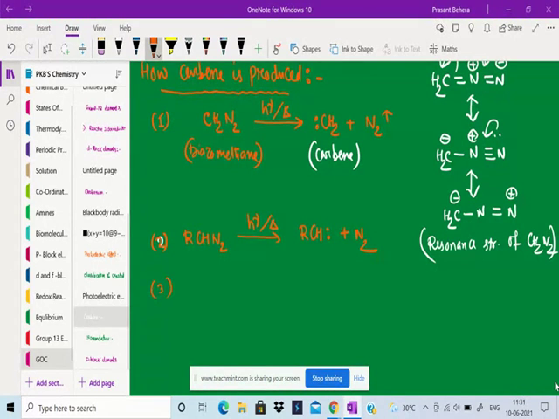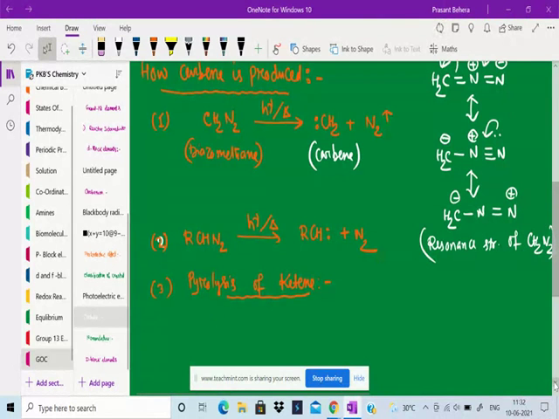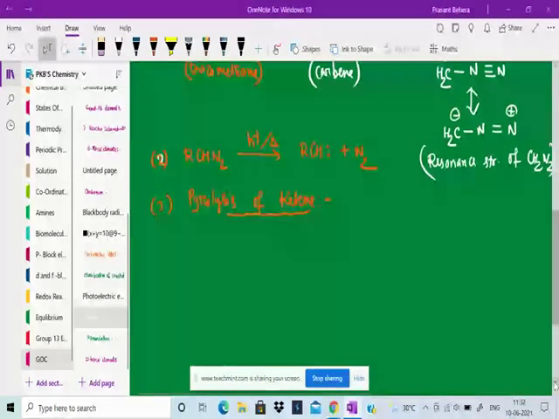Third, by pyrolysis of ketene. That means ketene undergoes pyrolysis, thermally, when heated.